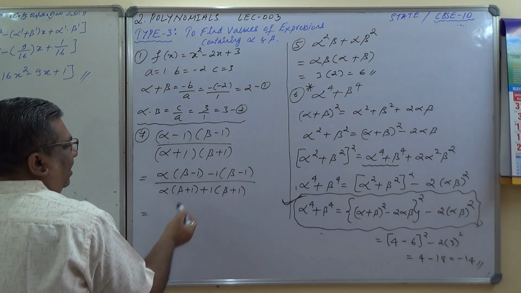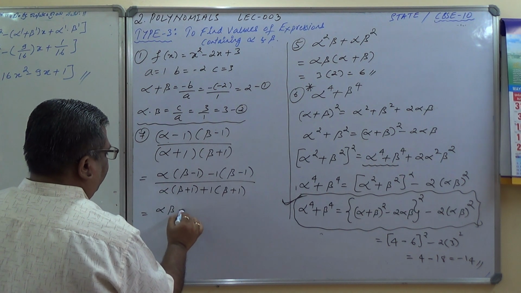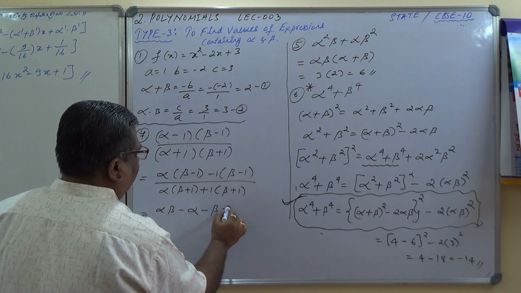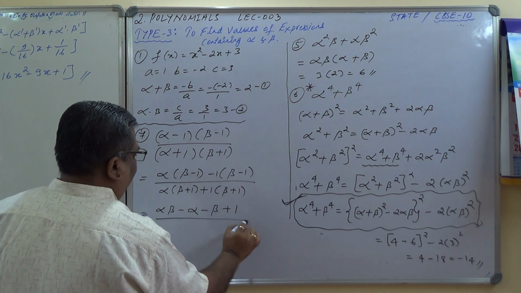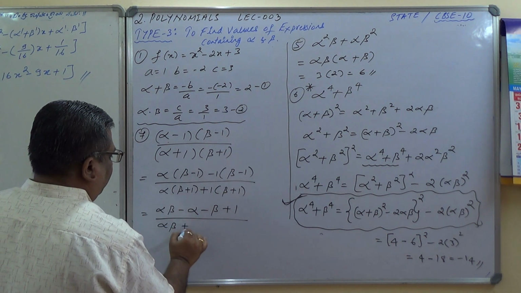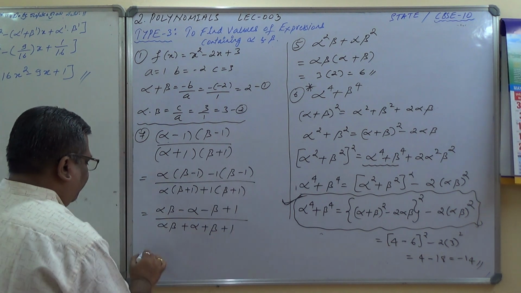Let me check whether we are able to solve this one. Alpha into beta minus alpha minus beta plus 1, the whole divided by alpha into beta plus alpha plus beta plus 1.